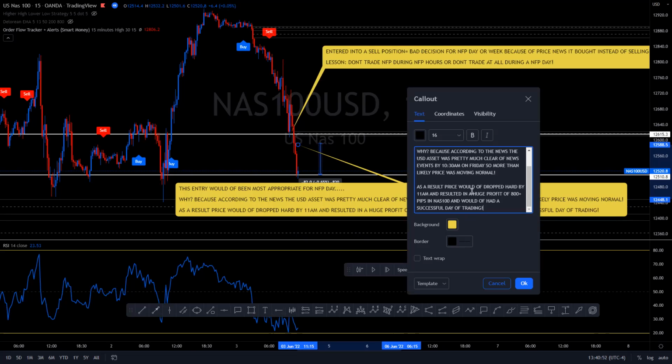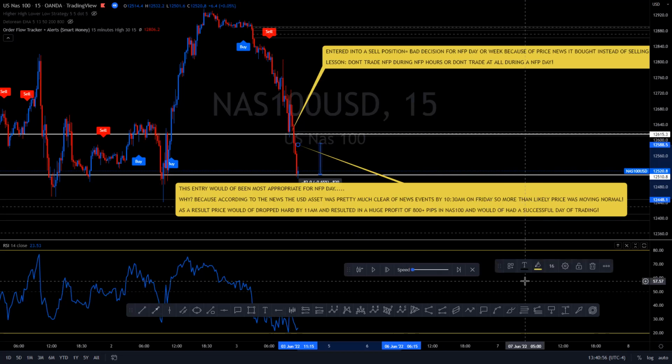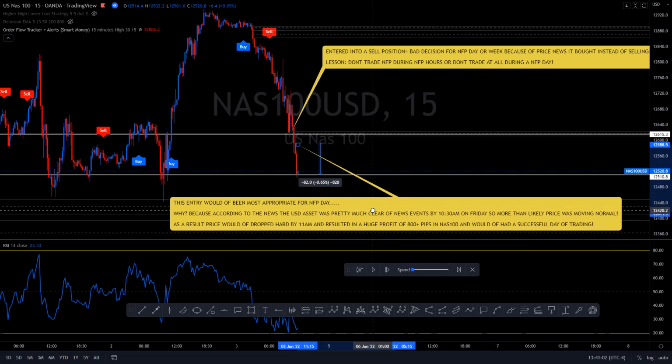Right? That's what would have happened. And we would have won that trade. I'm going to pull it down a little bit down here, 800 plus pips.